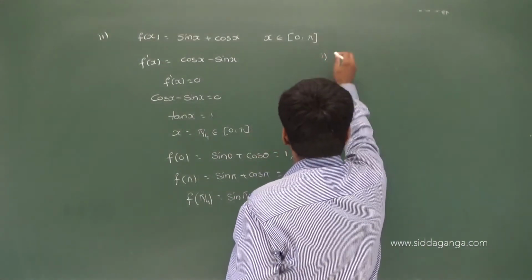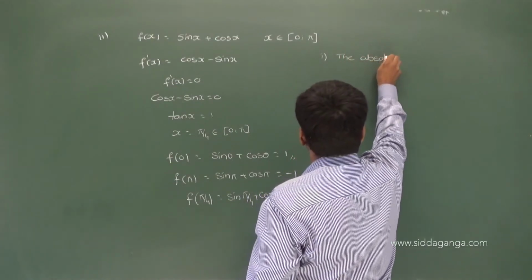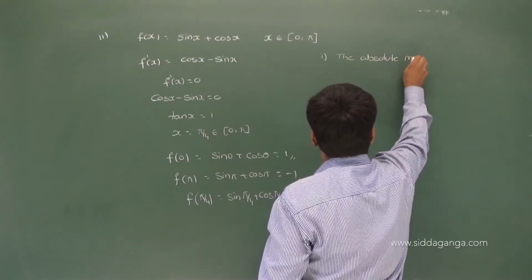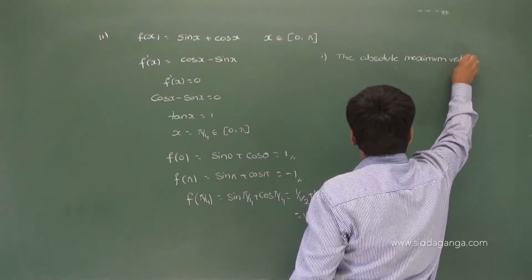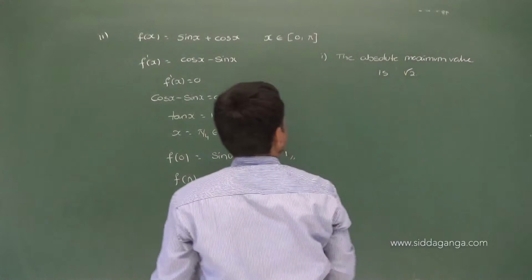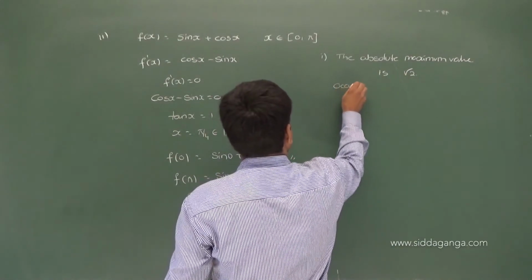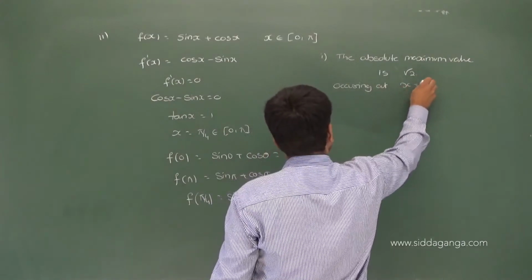Then the absolute maximum value is root 2, occurring at x is equal to pi by 4.